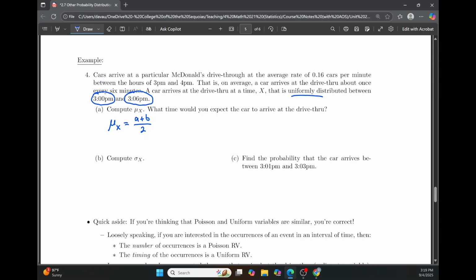And that's what I'm going to do just to make the calculations easier. So I'm going to say B equals 6 and A equals 0. Then the mean would be 0 plus 6 divided by 2, which is, of course, just 6 divided by 2, which is 3.